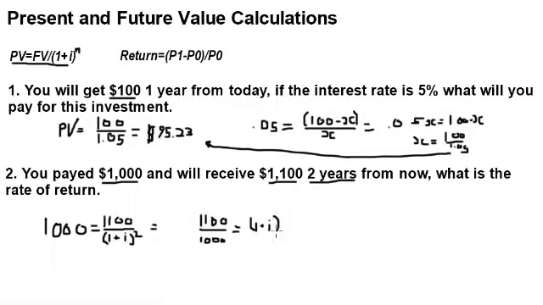Now, there are a few things to take into account here that we don't traditionally do. The number one thing is that because this is 2 years instead of 1, the return equation is no longer going to work for this. If we plugged everything in, it would give us a return of 10%, which is true. It is a return of 10%. But it's over 2 years, and the tempting thing to do is to say, oh, well, if it's over 2 years, then we're going to get 5% a year.